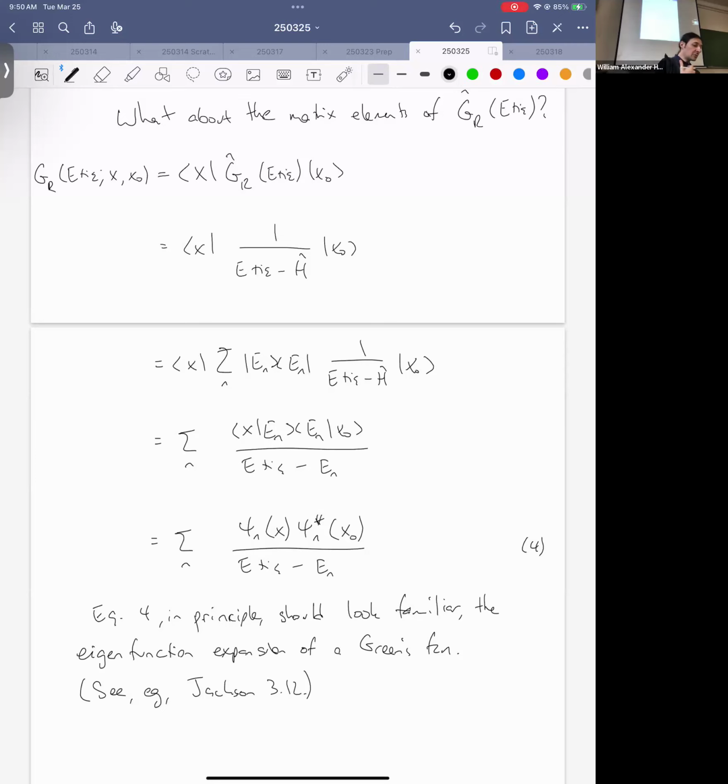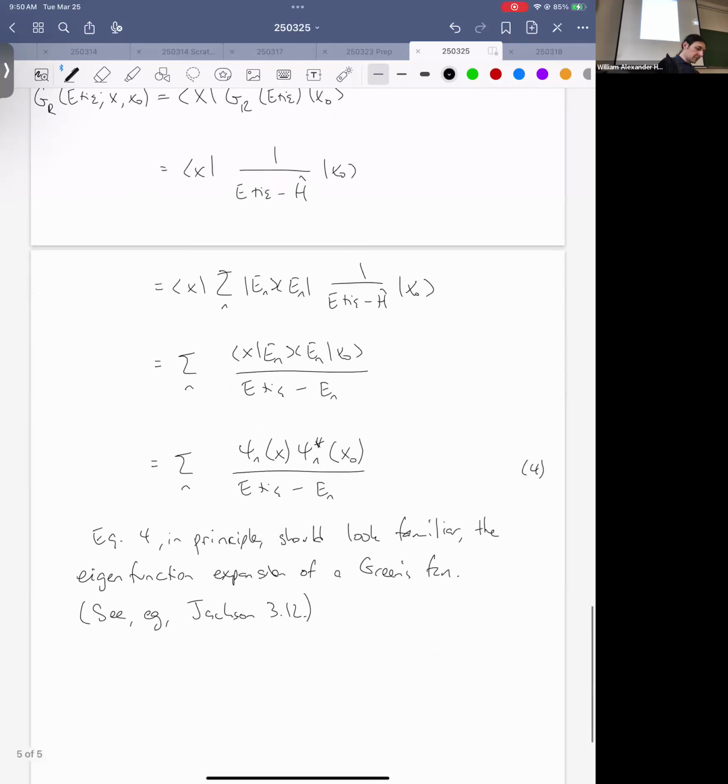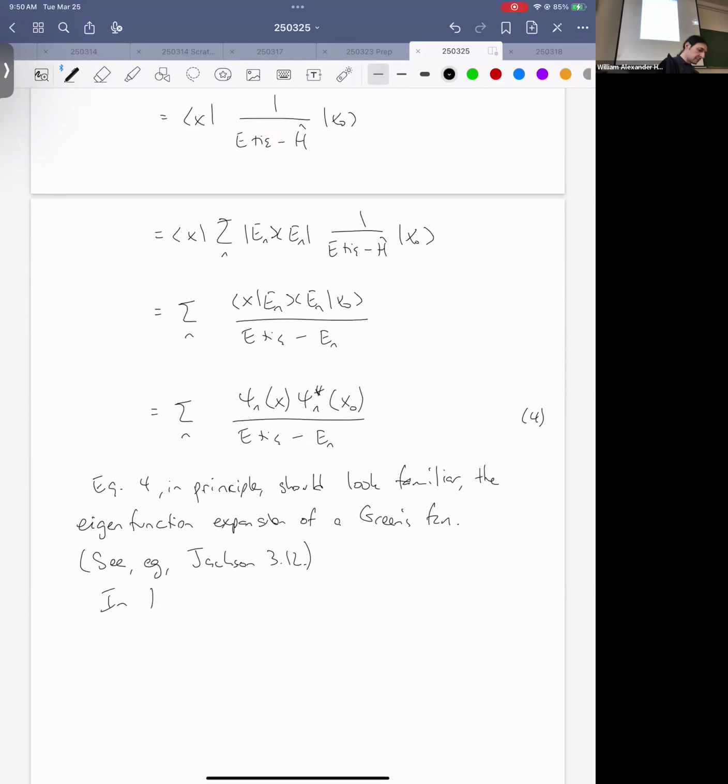Okay, but in terms of the quantum mechanics, equation 4 tells us that the retarded resolvent contains all the information we seek.